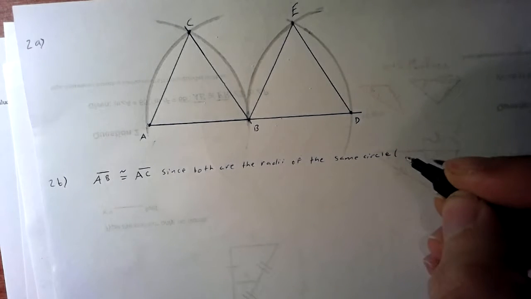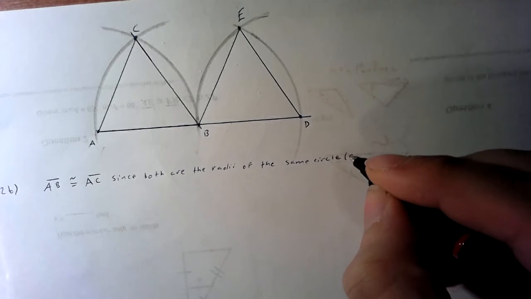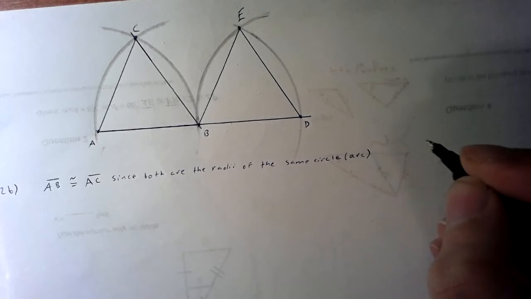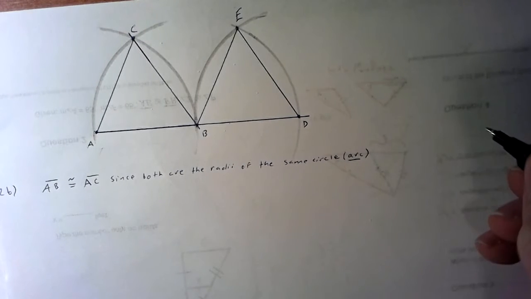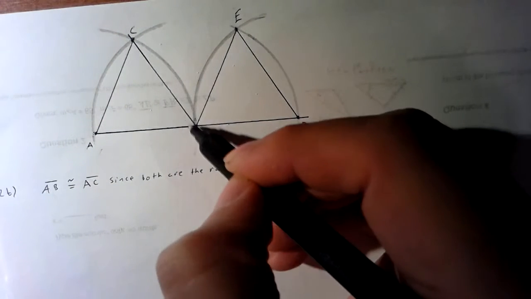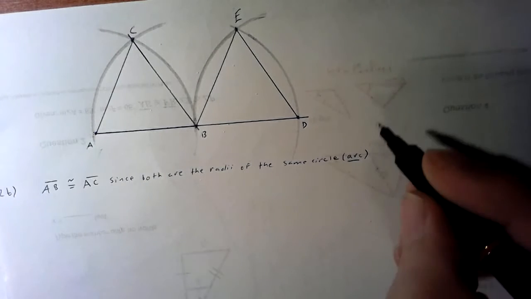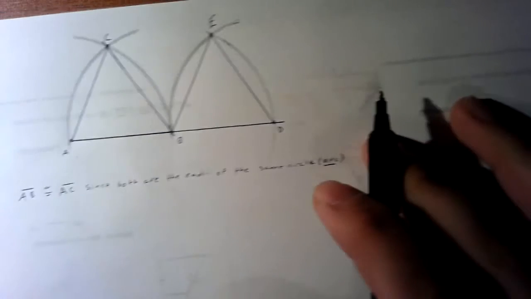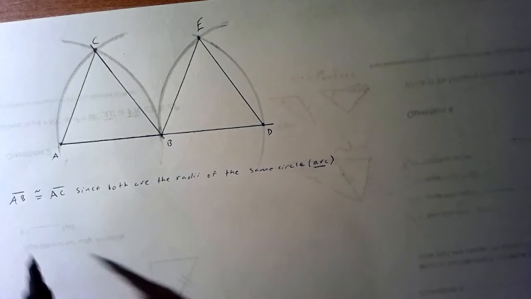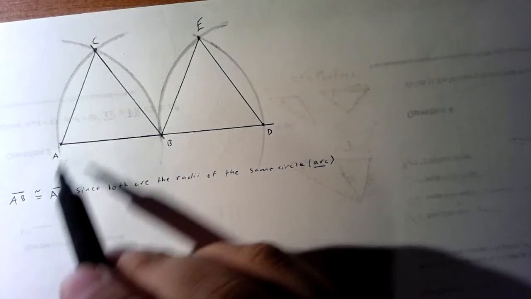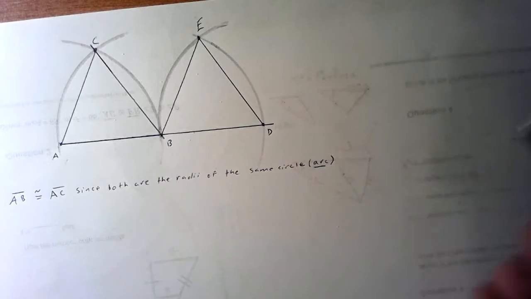And if you want, in parentheses, we can write arc, because that's what they used in the module. So we can write here arc, because these are basically the arcs that we're constructing. Okay. And then that was AB is congruent to AC, right? Yeah, AB and AC. All right, good.